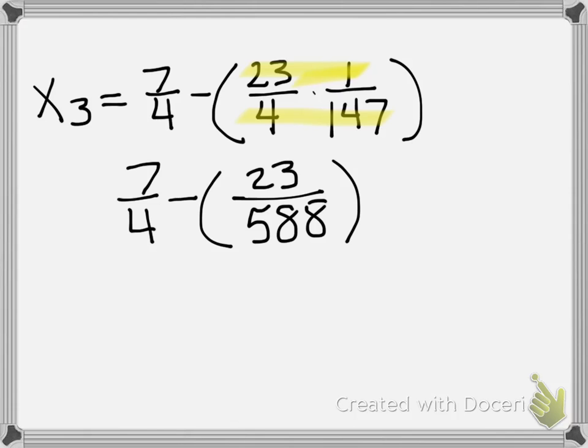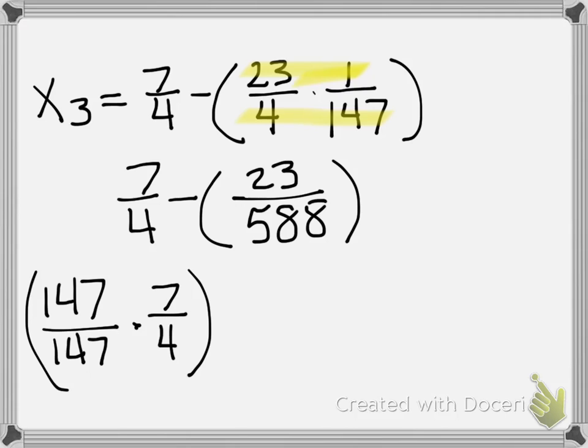Okay, so now we know we need a common denominator, so we're going to do 147 over 147 times 7 over 4 minus 23 over 588.